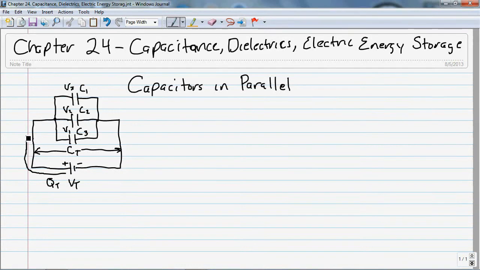leaves the positive side of the potential source, the battery, and it gets to this node, this connection point, and it sees three possible paths that it can go to.